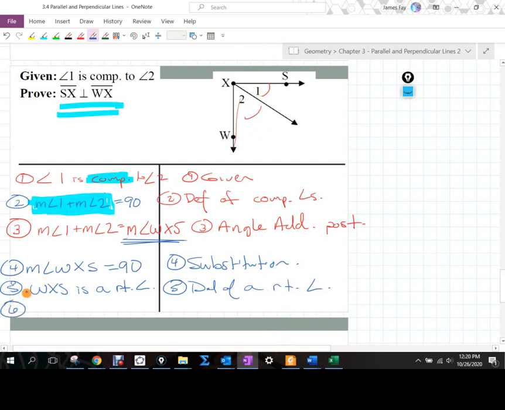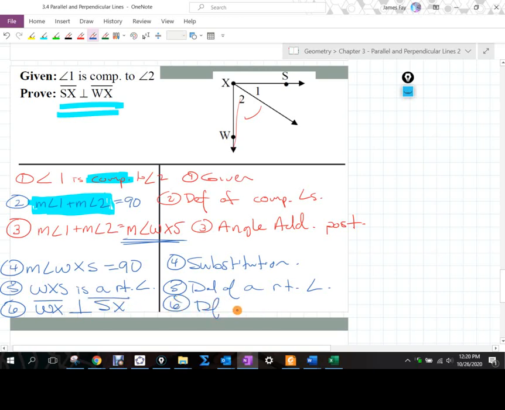What can I now say about the segments? If I have a right angle here, what does that tell me about the segments that make that right angle, or the lines? WX is perpendicular to SX.